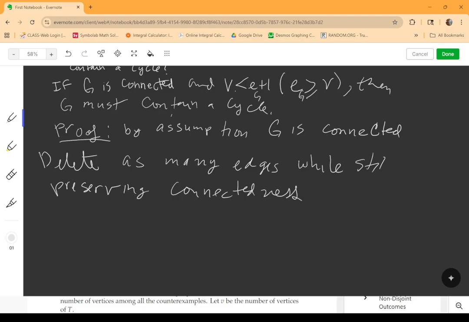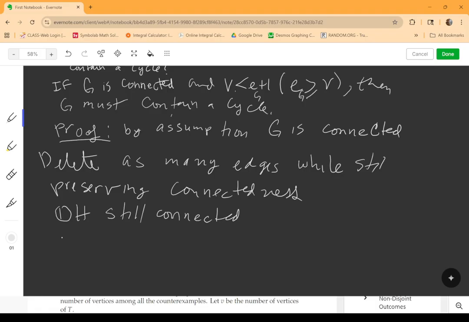So we'll remove an edge as long as I still have a connected graph. Again, it's our theoretical graph, so maybe I remove 1, maybe I remove 10, maybe I remove none, depending on what G looks like. Now, in doing that, H is still connected, by construction, by the process that I described.